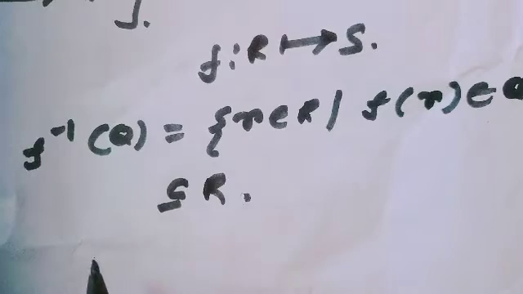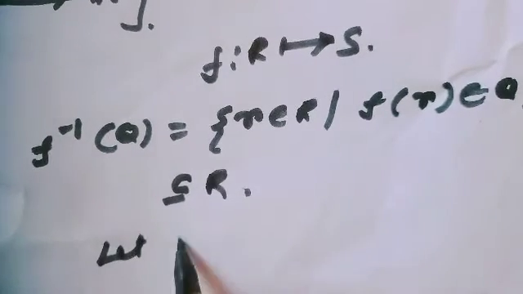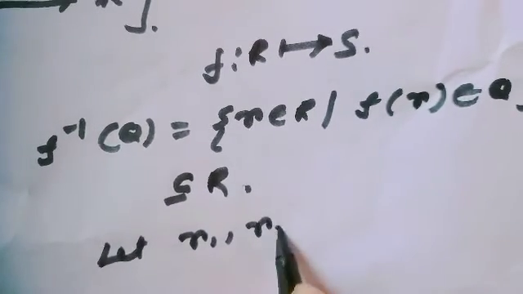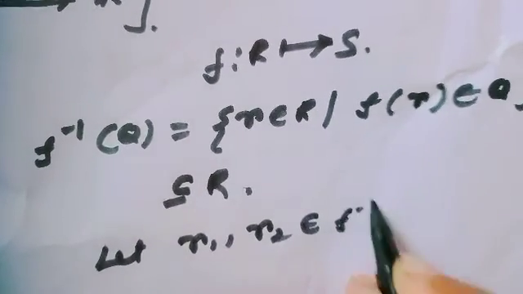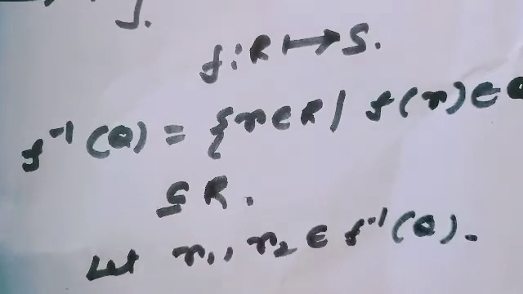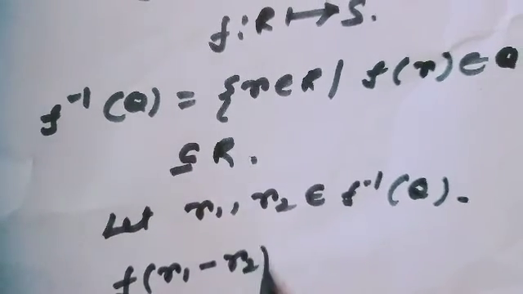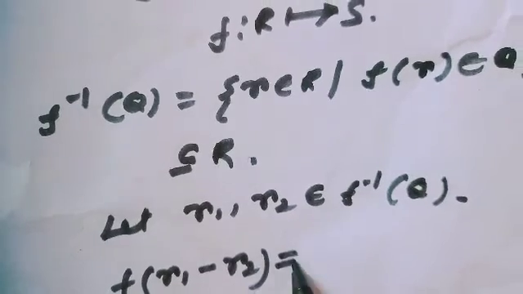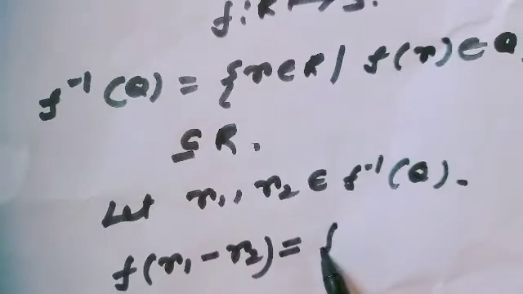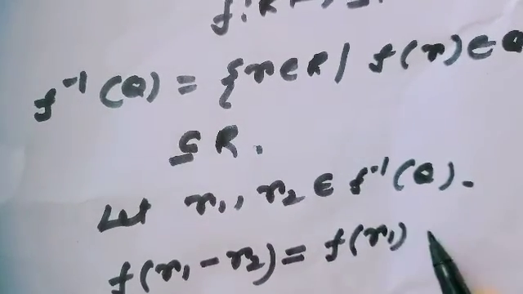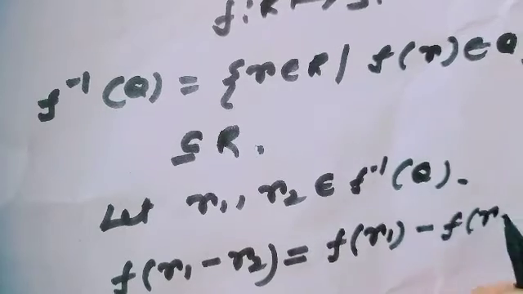Now consider two arbitrary elements r1, r2 belonging to f inverse of Q. Then f of r1 minus r2, by the property of ring homomorphism, is equal to f of r1 minus f of r2.